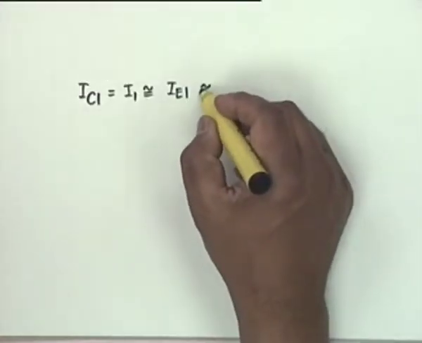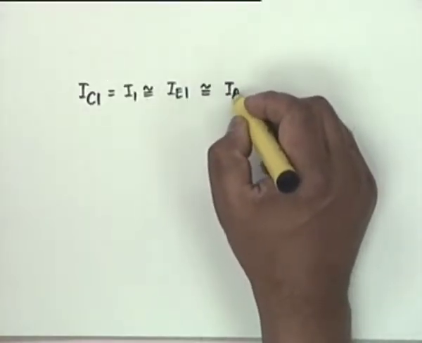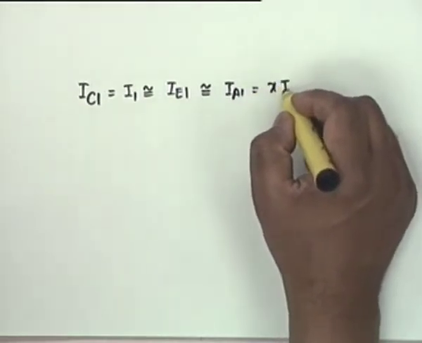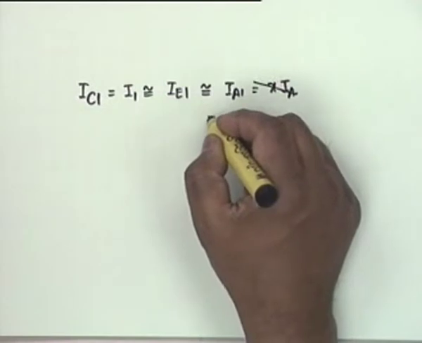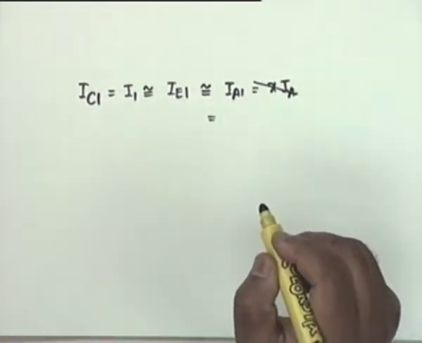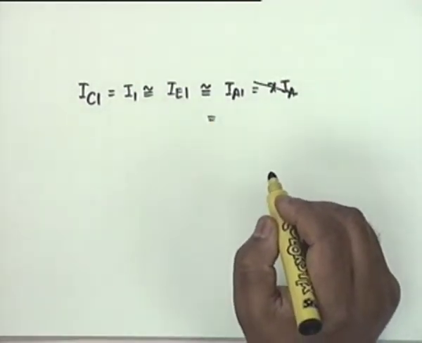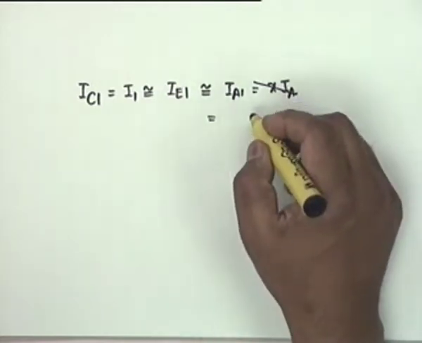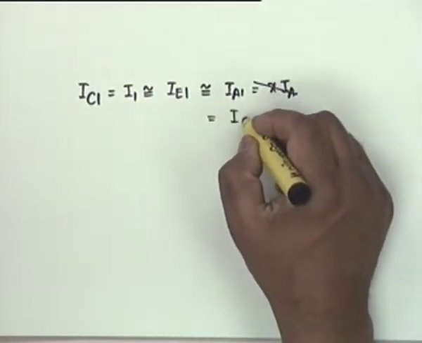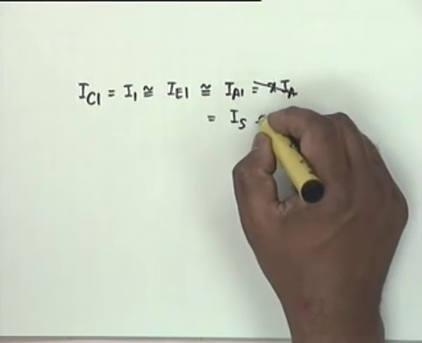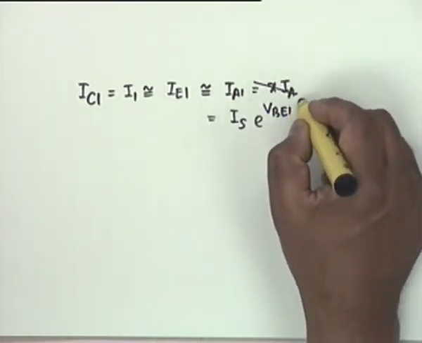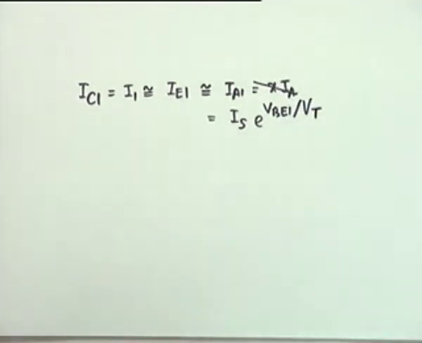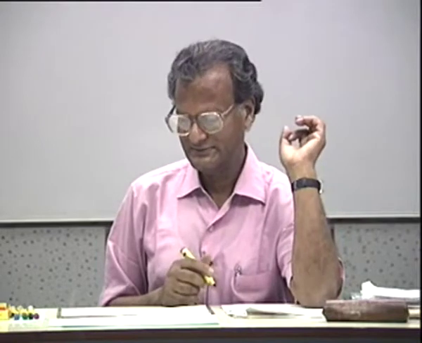Therefore this is approximately equal to IA1, which is equal to XIA. We will bring XIA later, but IA1 is equal to Is exponential VBE1 divided by VT. Agreed? This is the relationship between the base emitter voltage and the collector current.